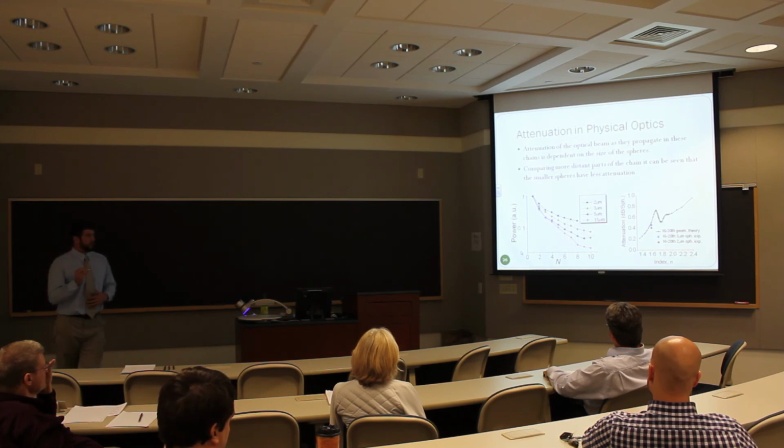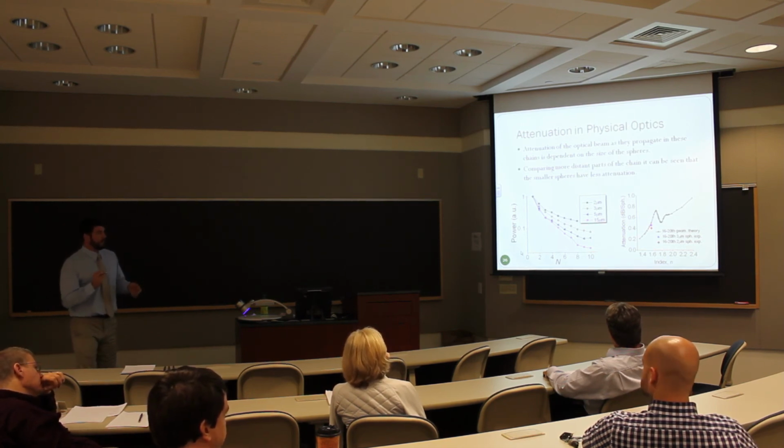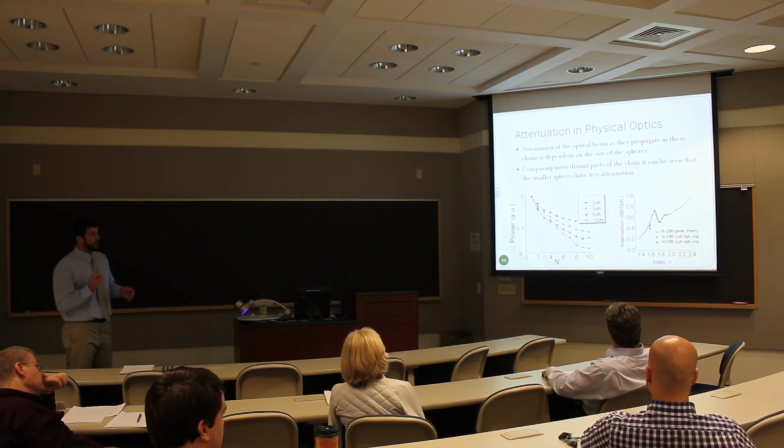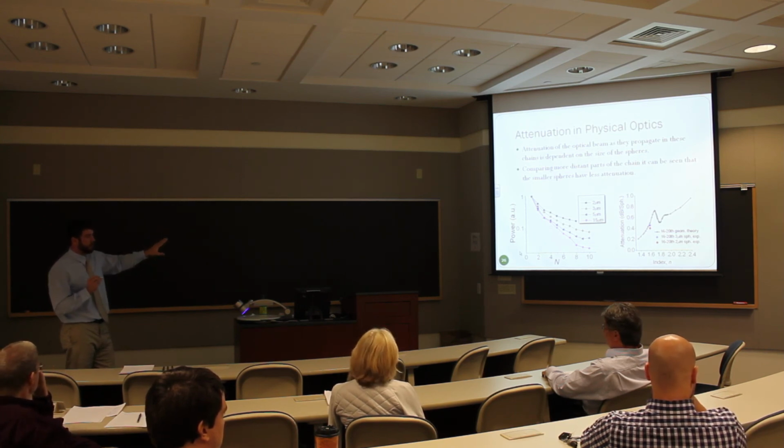And then if you look at this plot here, the black curve is the geometrical model of attenuation as a function of index for a portion of the chain from the 16th sphere to the 20th sphere. And remember, we had focusing for 1.59.